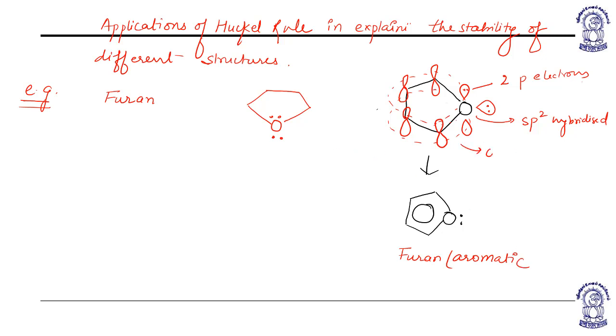Here you can see the cyclic delocalization of 6 pi electrons: 2 here, 2, 3, 4, 4 plus 2, 6.